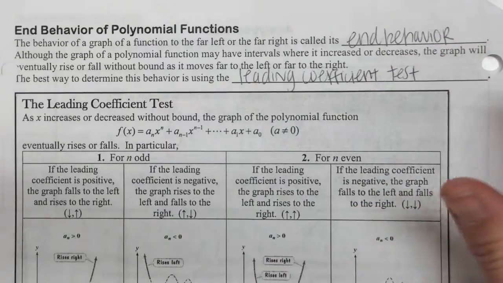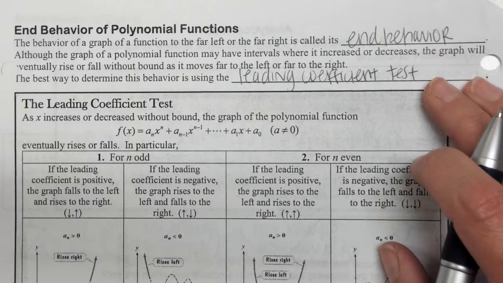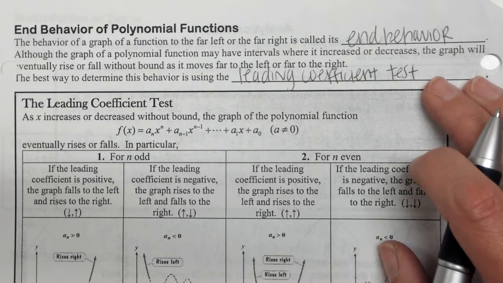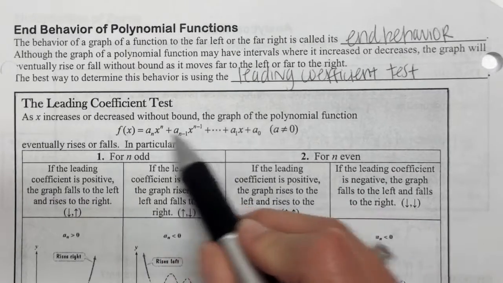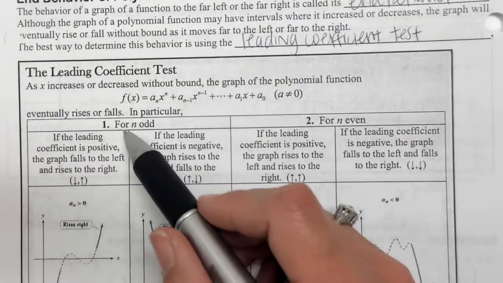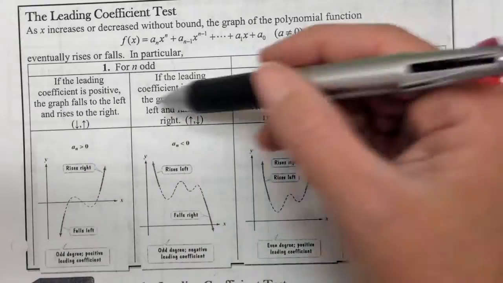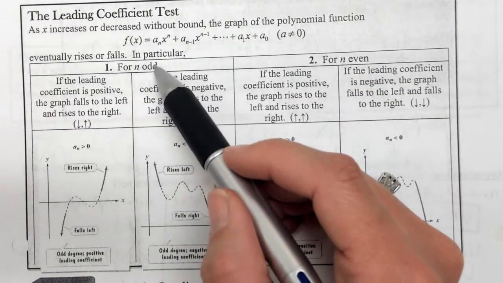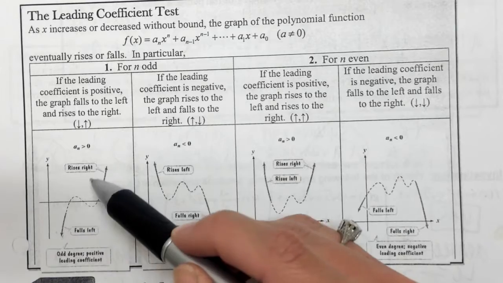Alright, so beside identifying our leading coefficient test, the other thing we will have to identify is if it is odd or even. Okay? So as x increases or decreases without bound, the graph of the polynomial function, we already talked about this, eventually rises or falls. That just means it's going to go on forever. In particular, here's the difference between even and odd. Okay? For odd, notice how the end of this graph is going down forever.